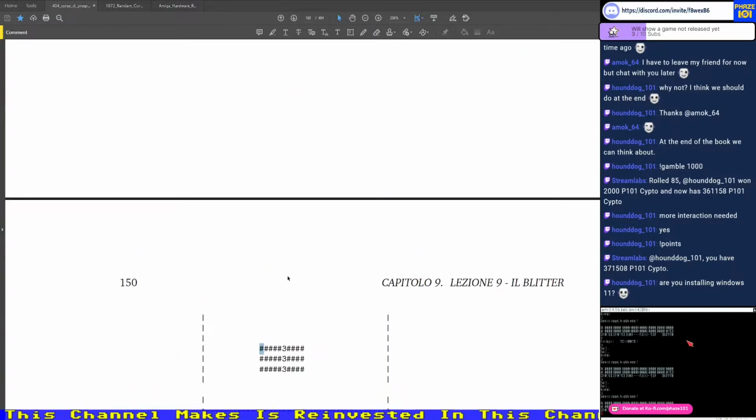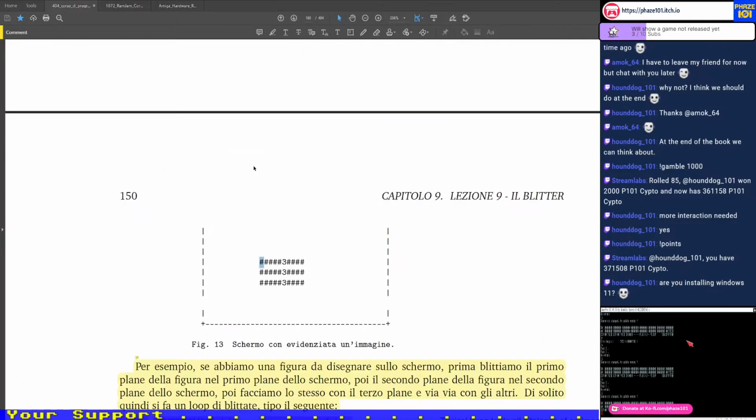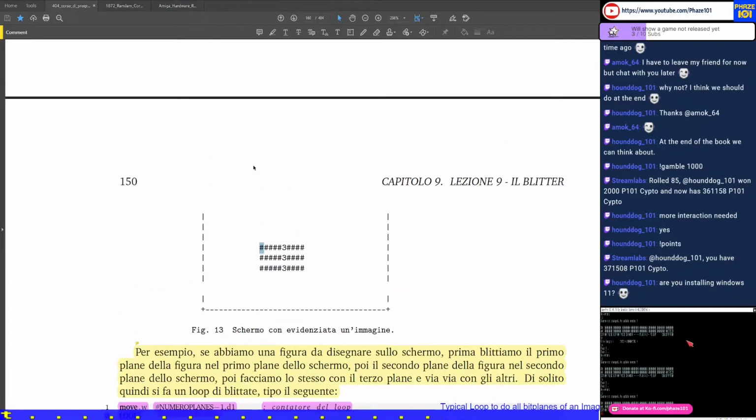So that is what he's saying there. Till now, what we covered in the book, bit planes are stored consecutively, one after the other, in memory.